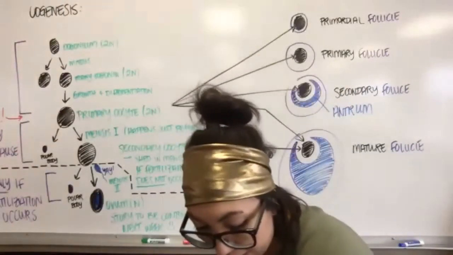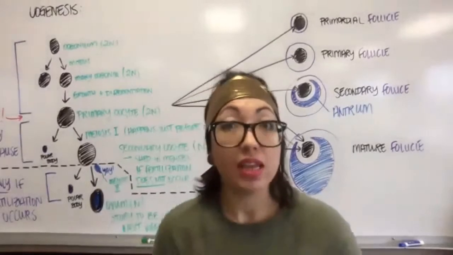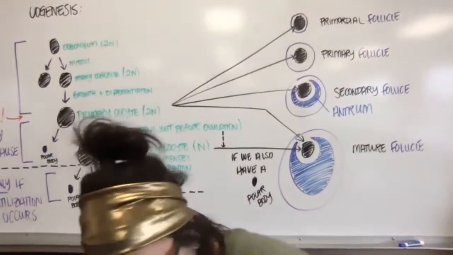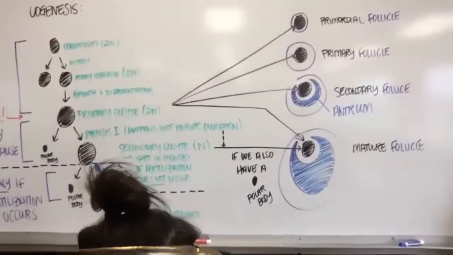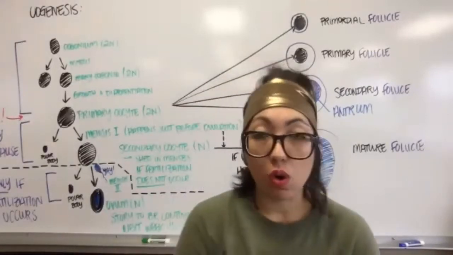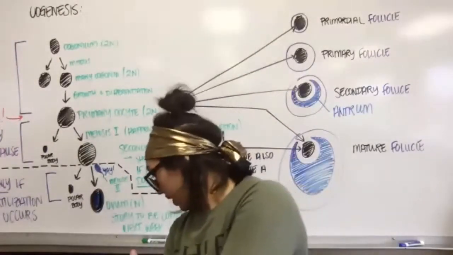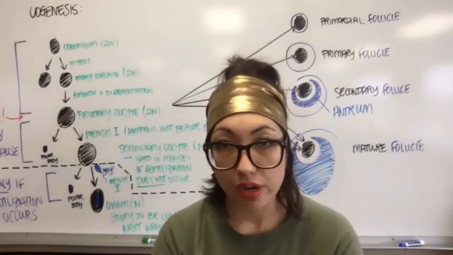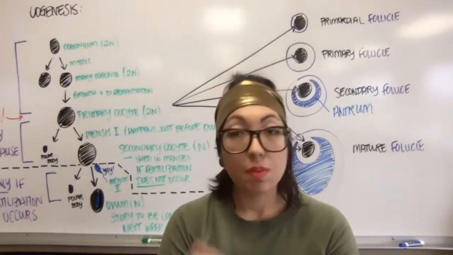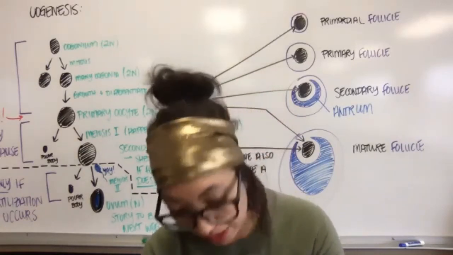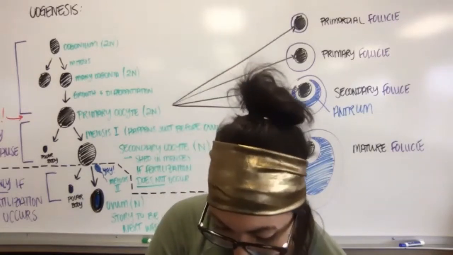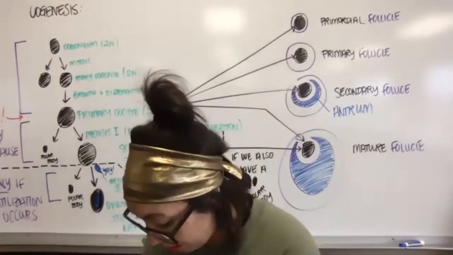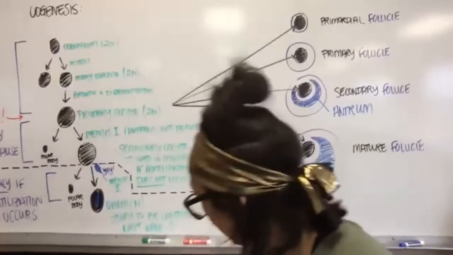The corpus luteum, luteum actually means saffron yellow. So corpus luteum means yellow body. And the corpus luteum, as well as the corpus albicans, which is number 6, those are important because those structures will help secrete hormones depending on whether or not the woman gets pregnant. So we have 2 main hormones that are involved with the corpus luteum.